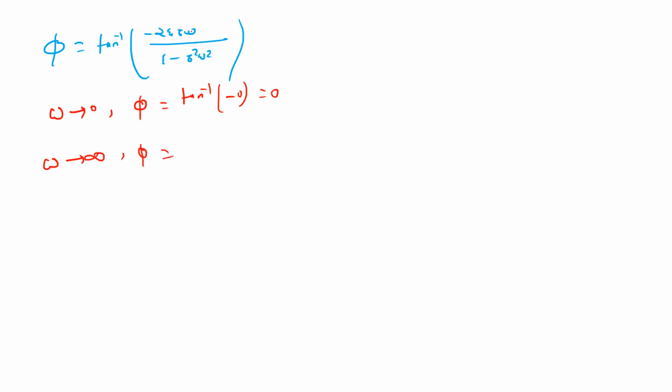So what will be the phi? If omega tending to infinity, this will be infinity divided by 1 minus infinity square. Or I can do this: tan inverse, I'll divide numerator and denominator by omega square, right? So that is equal to minus 2 zeta tau omega divided by omega square, divided by 1 by omega square minus tau square, right?